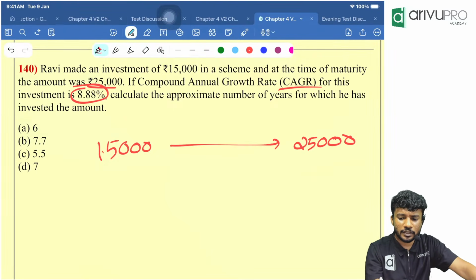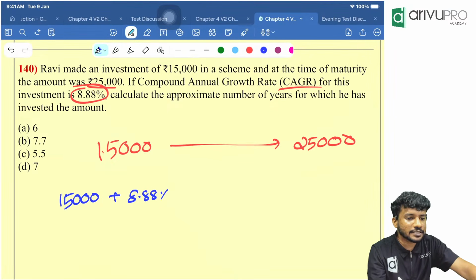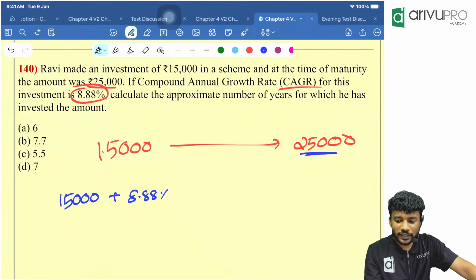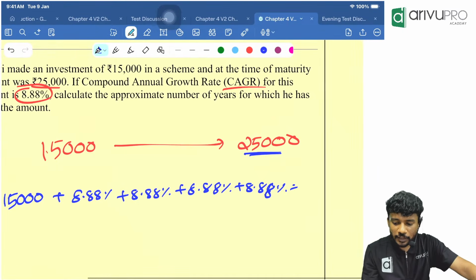You will do one thing. Type the principal amount, the initial money, 15,000 plus 8.88 percent. We will first try adding it 6 times. If you are getting approximately 25,000, that's your answer. Plus 8.88 percent, plus 8.88 percent, plus 8.88 percent, plus 8.88 percent, plus 8.88 percent.